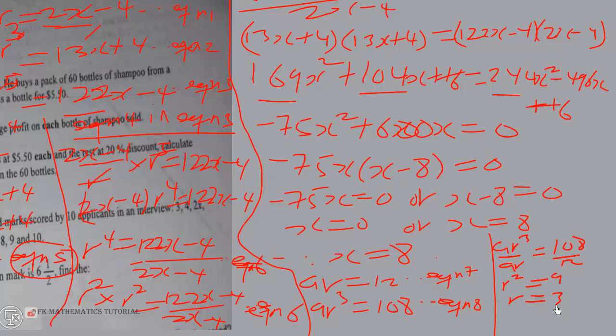Let's take the positive one. So R equal 3. When R equal 3, then we will have A times R equal 12. So A should be equal to 4. Therefore, x equal 8, R equal 3, and A is equal to 4.